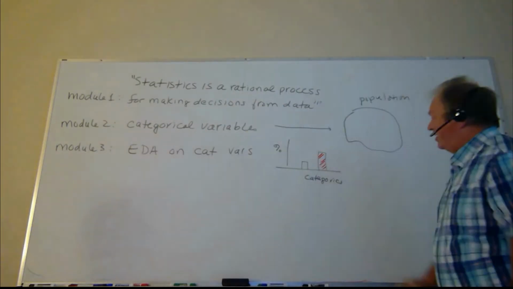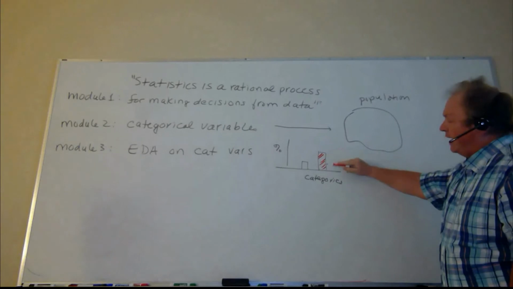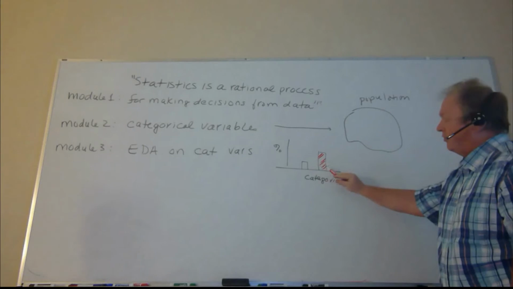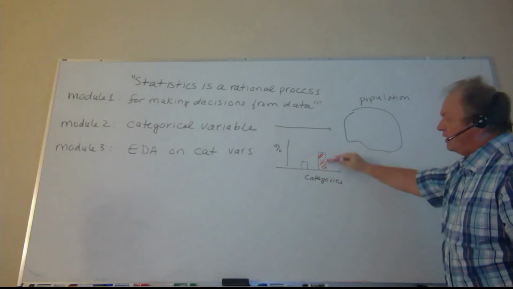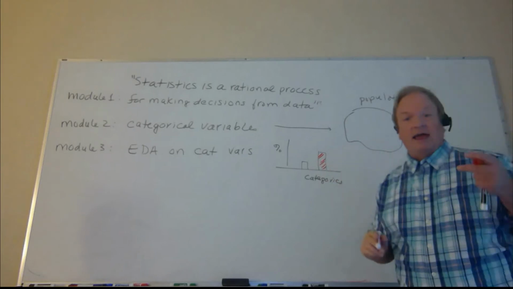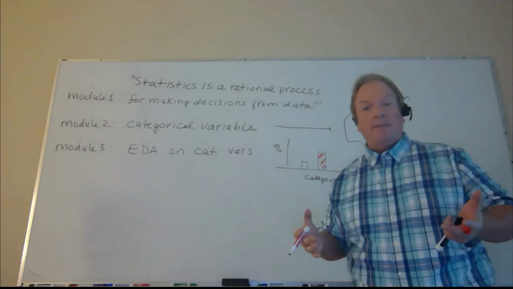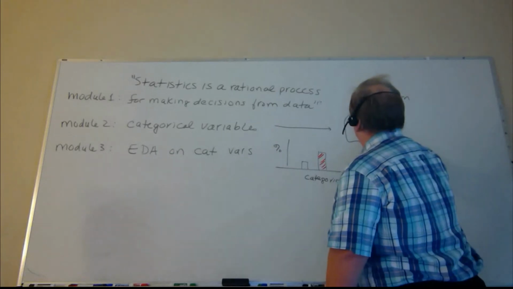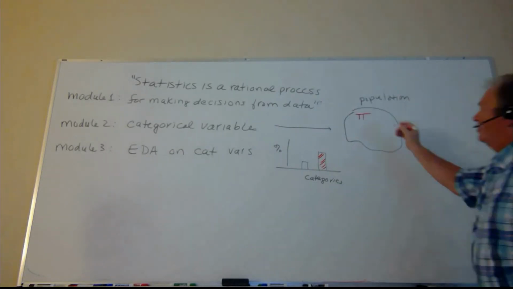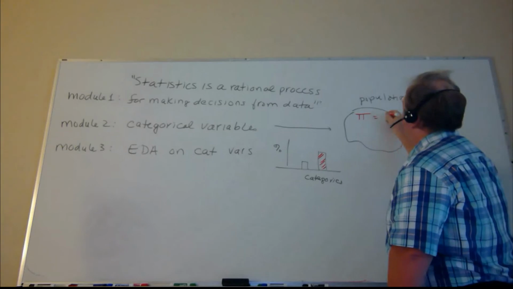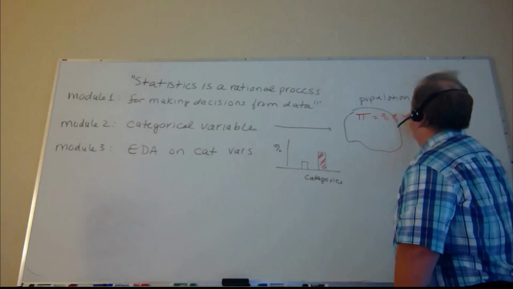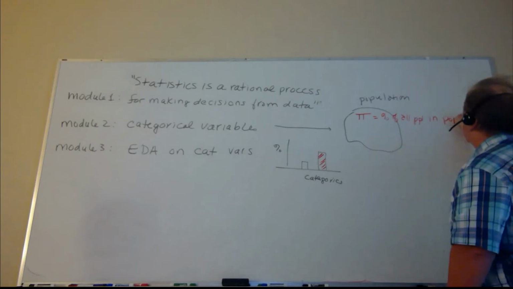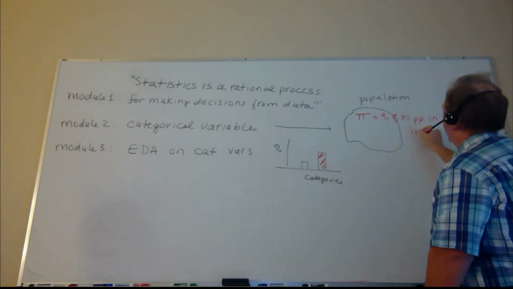If we had all of the values for this binary categorical variable, what is the one thing we'd want to compute about our category of interest? That is the percentage of all the people in the population in my category of interest. So we have this parameter pi. This is a parameter, and it is the percentage of all people in the population in our category of interest.